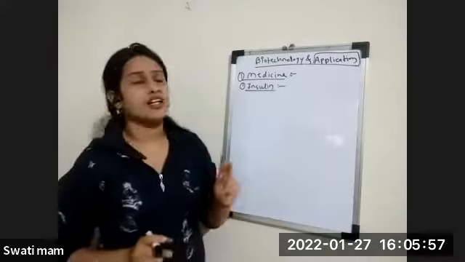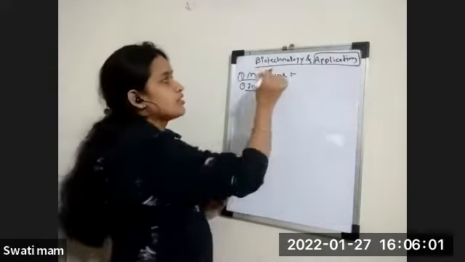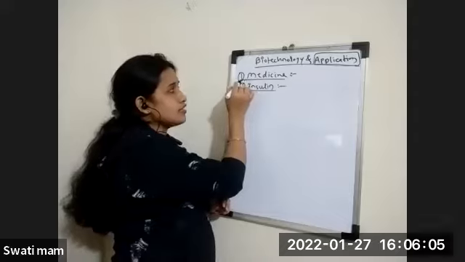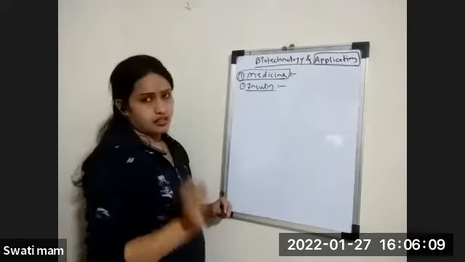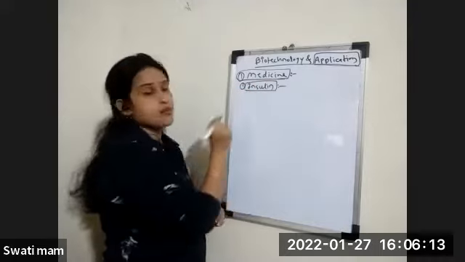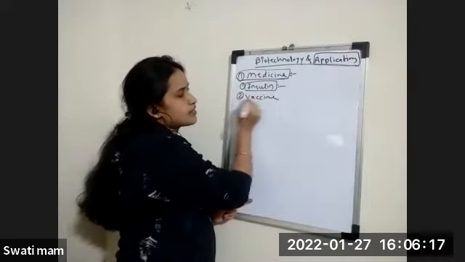Finally we are ready to start our fresh lecture, that is the application of biotechnology in medicine. The first example given in your textbook is insulin, and second is vaccine.